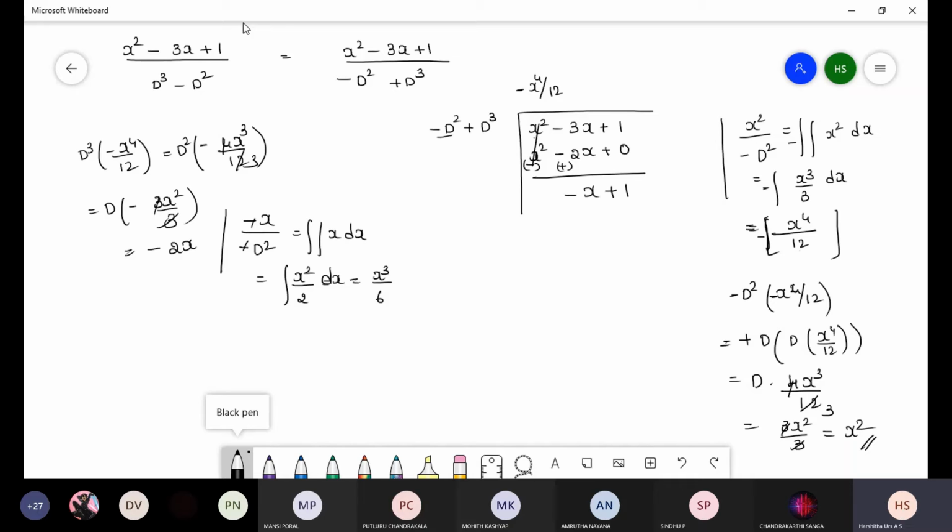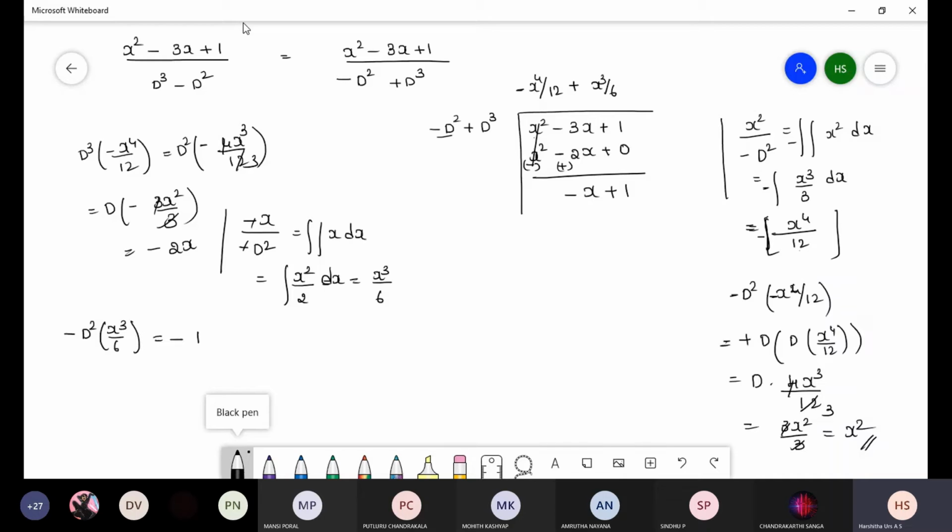So here I will write plus x cube divided by 6. Why we have taken x cube by 6 is to get minus x. Let us see the verification part. So minus D square into x cube by 6.